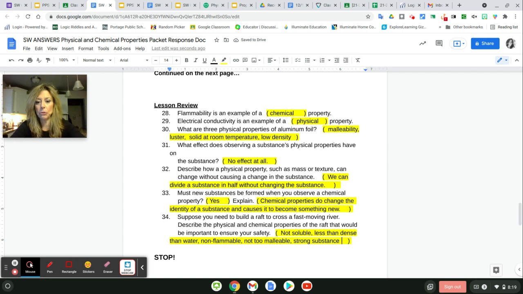Oh, would we want it to react with water? No. So I wouldn't want it to be reactive with water. Not reactive with water. Okay. Maybe you included some other things too, but those are some really good things you would want your boat to either have or not have if you want to get across a fast-moving river.